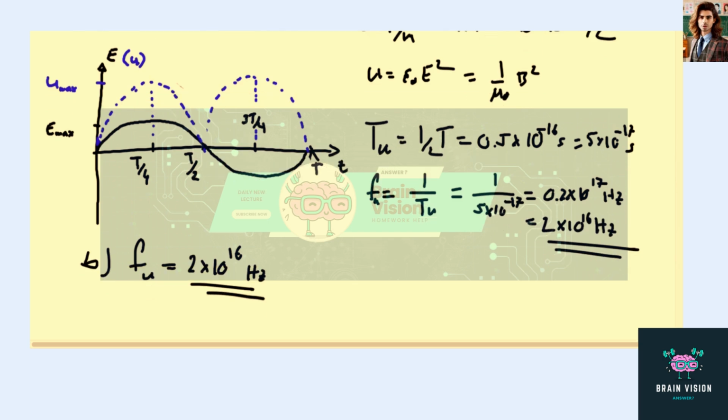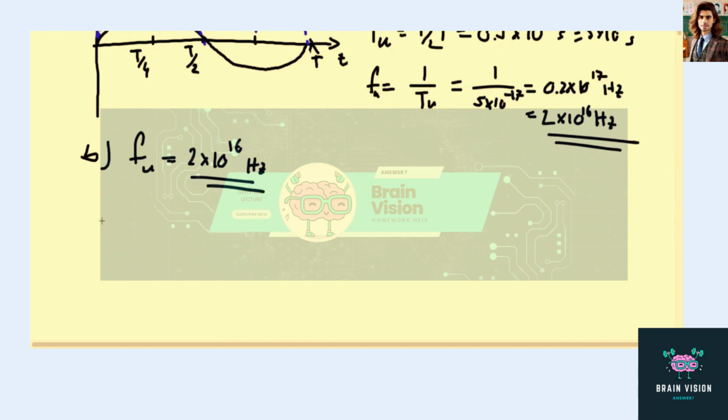Next, let's see what the maximum energy density stored in the wave is. For that, U max is given by, let's just use the electric field, epsilon 0 times E max squared.